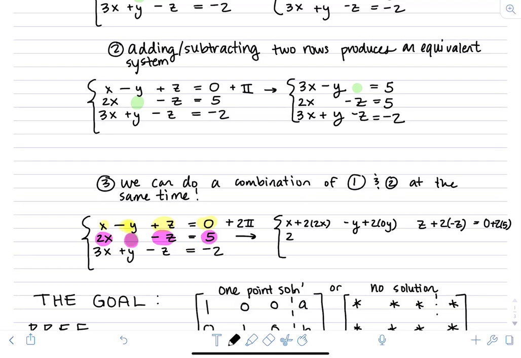Okay, and then all of our other equations stay unchanged.